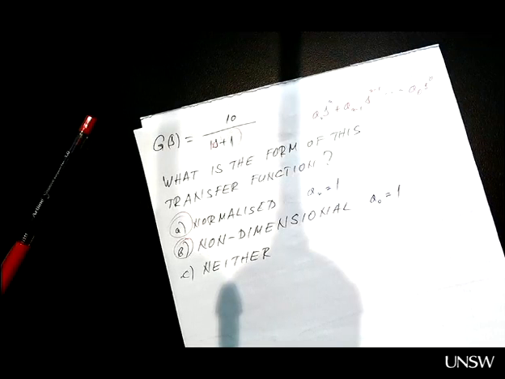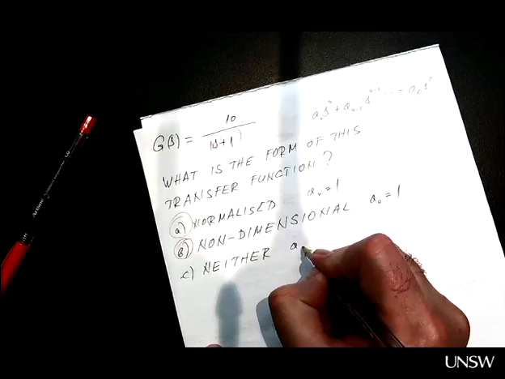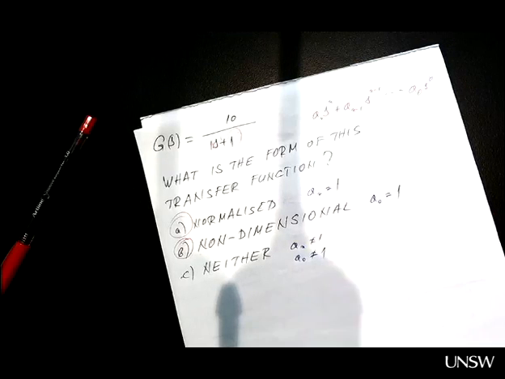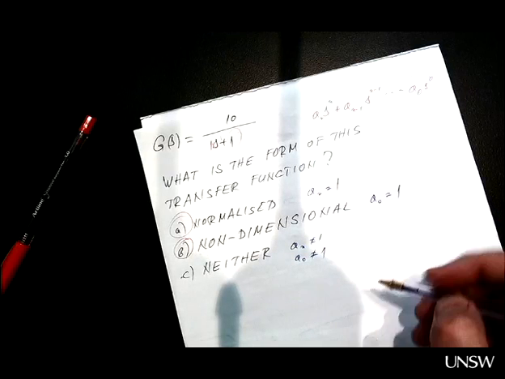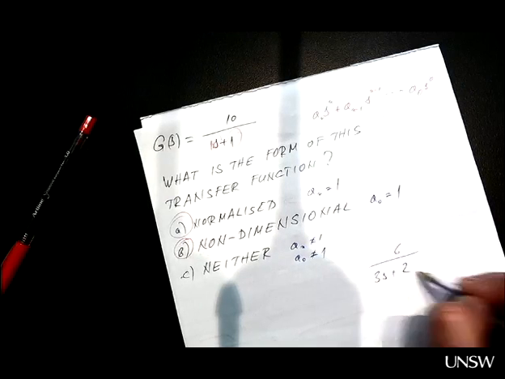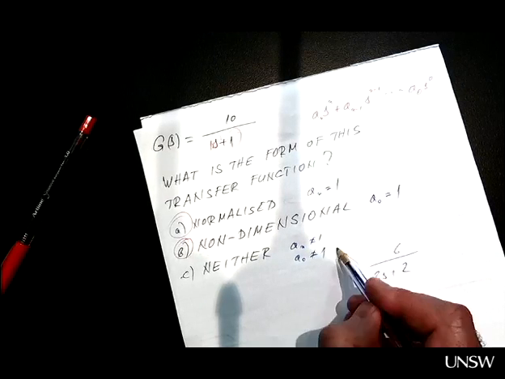In the more general case, you will have either normalized or non-dimensional or neither, and that happens when A_n is not 1 and A_0 is also not equal to 1. So a case like, I don't know, 6 over 3S plus 2, would be neither.